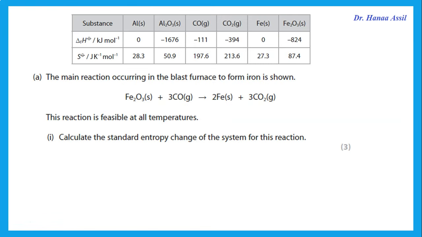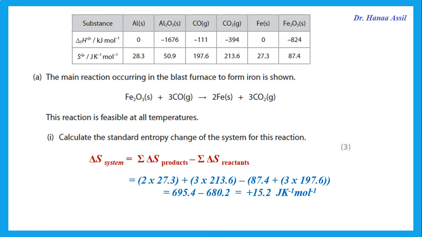So we have this information in the table and we want the standard entropy change of the system. How do we get the standard entropy change of a reaction? Remember, the delta S of the system is the total of the delta S of products minus the total of the delta S of the reactants. Looking at that table, we have 2 times iron, which is 27.3, plus 3 times CO2, which is 213.6, minus the reactants.